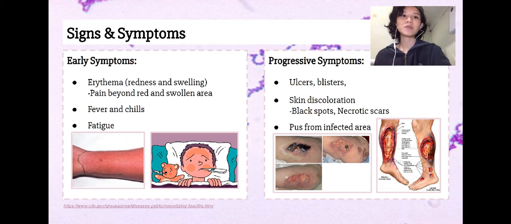He or she will also experience fever, chills, and fatigue. Fatigue or extreme tiredness can be experienced earlier or later, whereas progressive or later symptoms include ulcers, blisters, skin discoloration making the skin turn black. These black spots are also known as necrotic scars, as well as pus oozing out from the infected area. It's important to act fast when these symptoms are present.